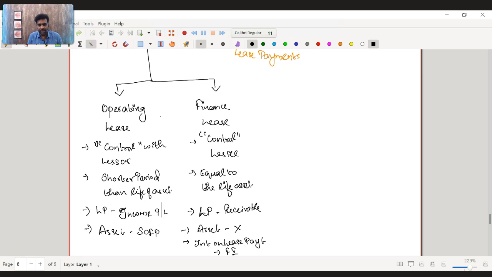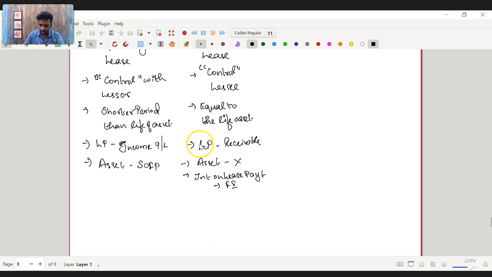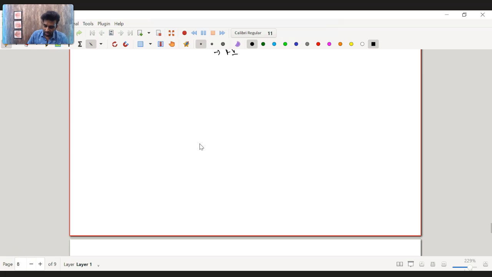So nothing complicated here. It's something which has been happening for quite a long period of years. But the complication comes when IFRS 16 comes into the picture. IFRS 16, which is specifically for the lessee accounting, says the lease can be divided into two categories.